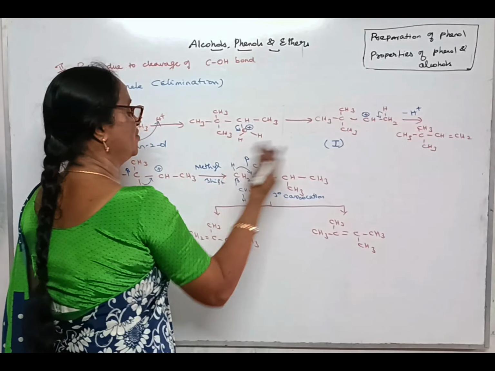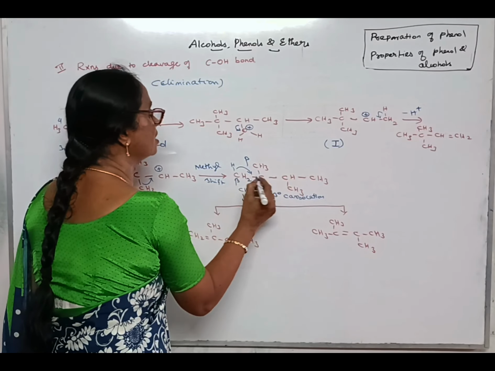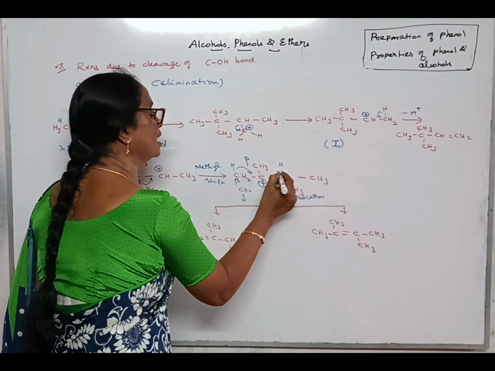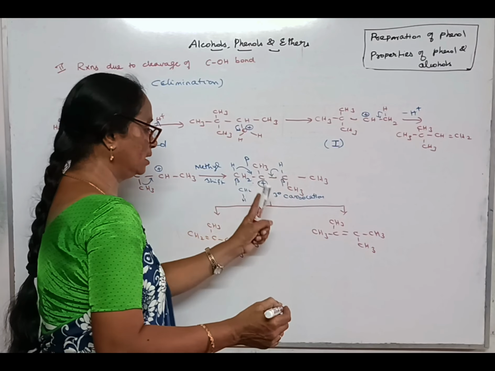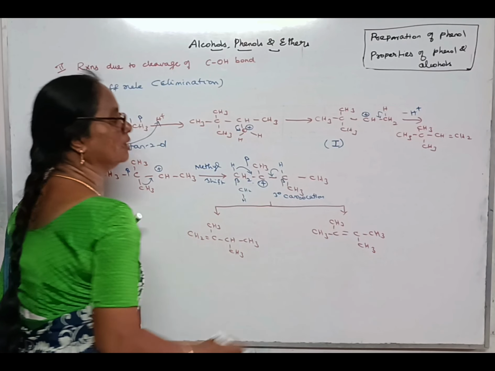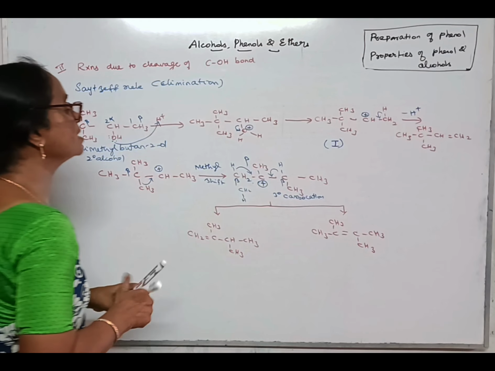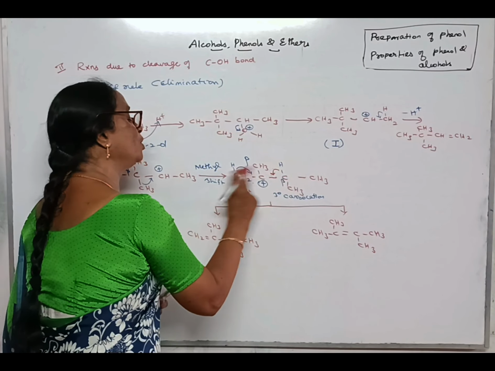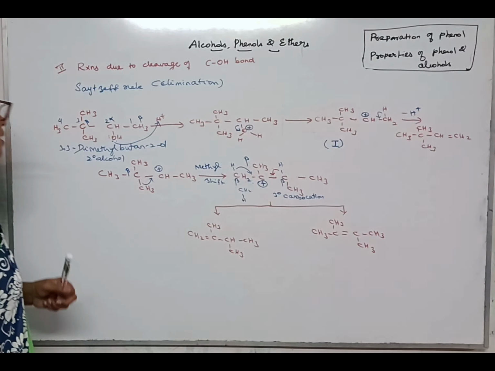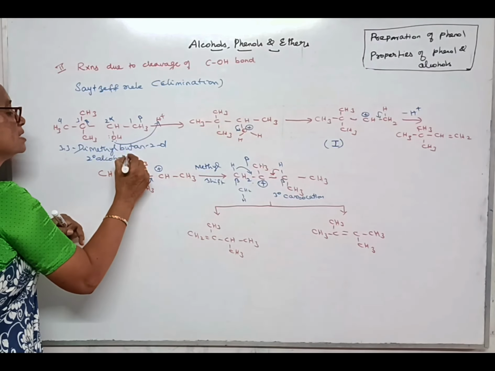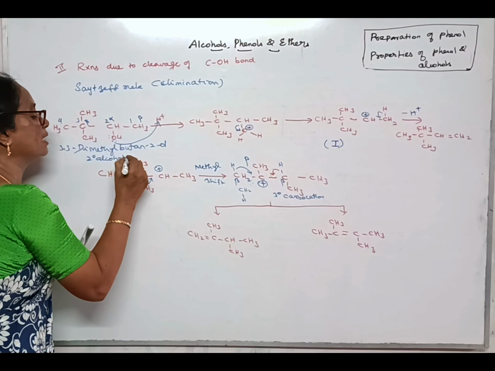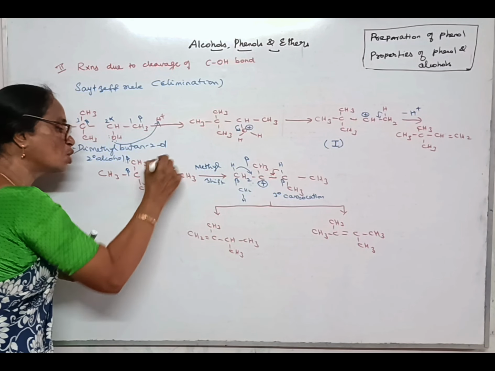Or if I have this carbon, this is also a beta carbon, and I can have this hydrogen move towards the tertiary carbon. So I am getting this product. So it depends on the different movement of hydrogen from two different beta carbons. This is a beta carbon, this is also a beta carbon, and the secondary carbocation carrying the hydrogen is also a beta carbon.